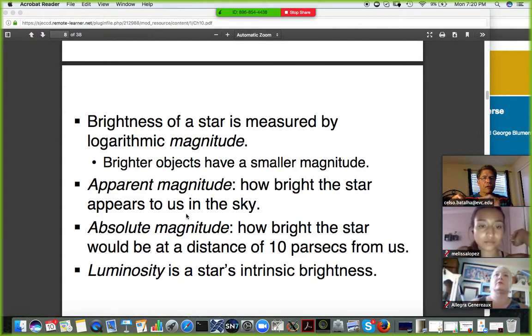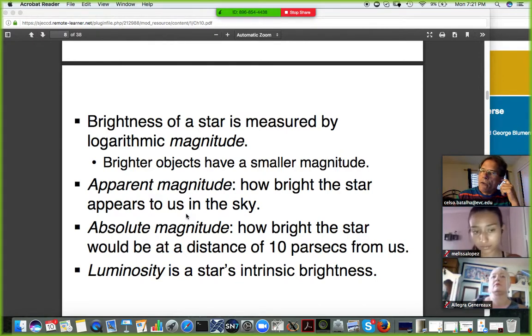It's a measure of how bright stars are in the sky as we see it. Let's say we go outside at night, 10 p.m., look up to the stars, and we see some of them pretty bright, some of them very dim, and some of them we don't see. So there is a whole range of brightness in there.